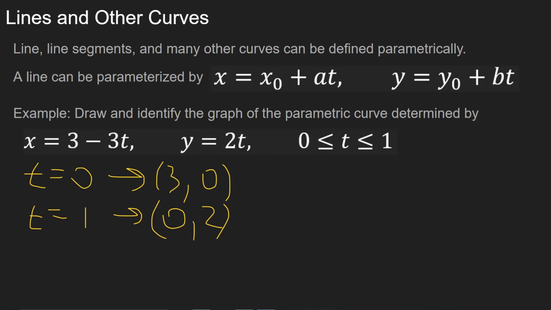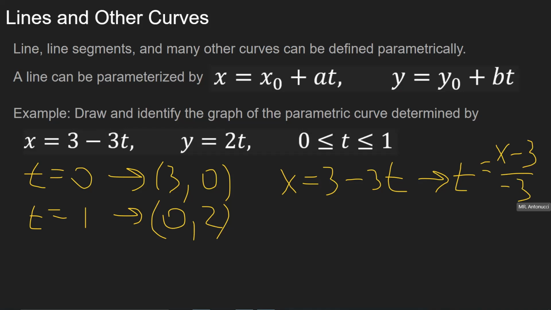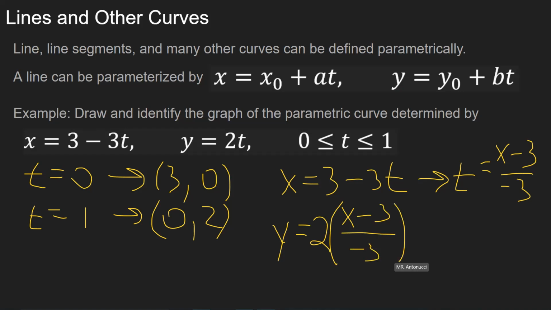So if I have x equals 3 minus 3t, I can solve that equation for t and get t equals (x minus 3) over negative 3. And then I could substitute that into the y equation for t. So it's (x minus 3) over negative 3, and I would have y equals negative 2/3 x plus 2.